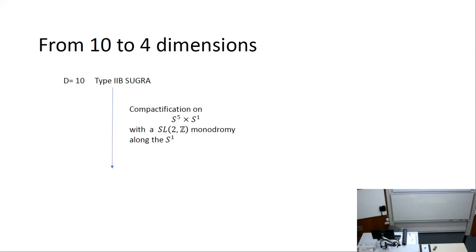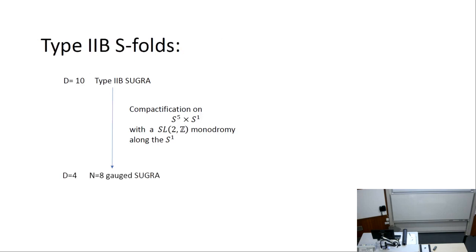And along this S1, we are going to put some monodromy using the SL(2,Z) symmetry group of Type IIB strings. And we are going to get some maximal supergravity in 4 dimensions with a very specific gauge group, and with this we can start looking for solutions for black holes for which we would be able to compute duals on the CFT side.